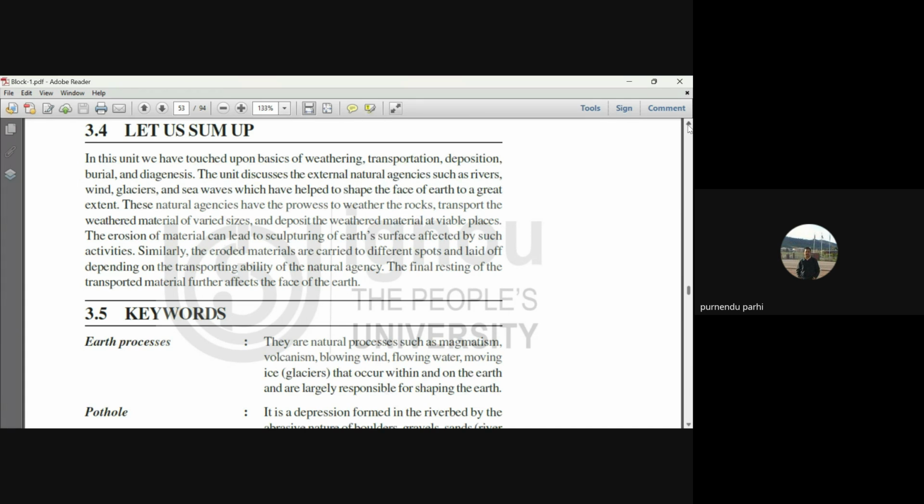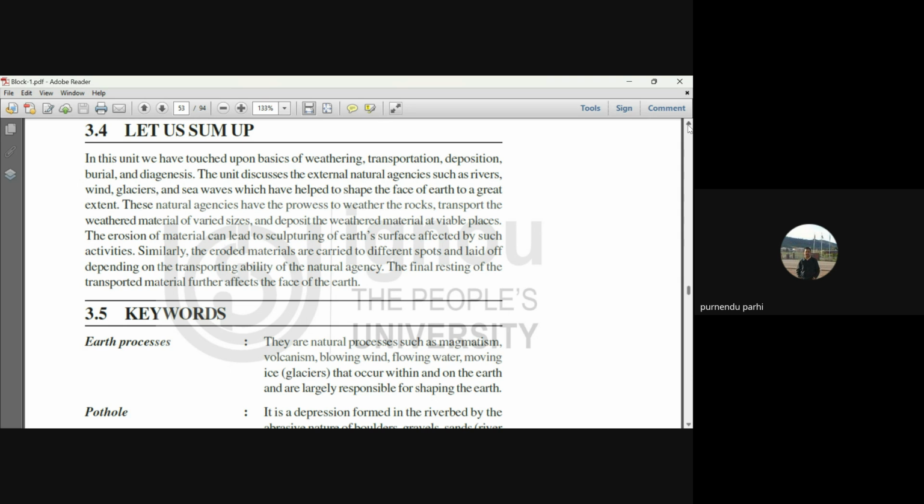The erosion of material can lead to sculpturing the earth surface affected by such activities. Similarly, the eroded materials are carried to different spots and laid off depending on the transporting ability of the natural agency. The final resting of the transported material further affects the face of the earth.